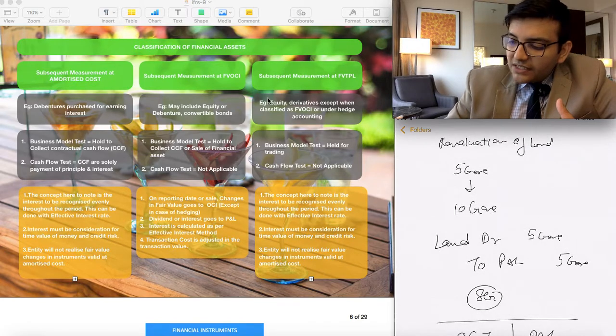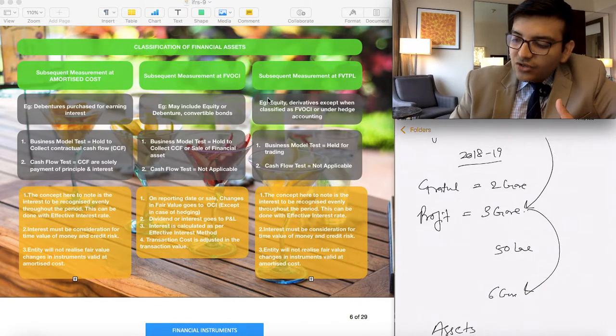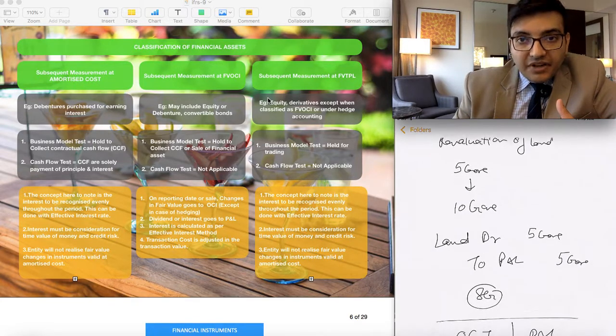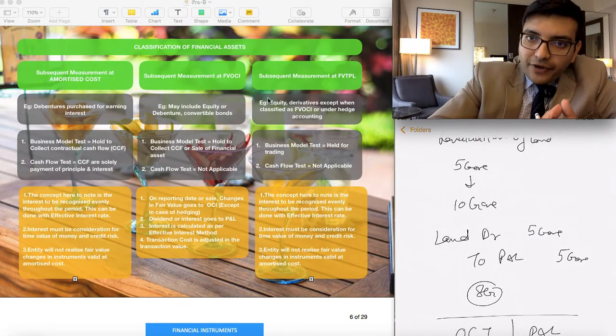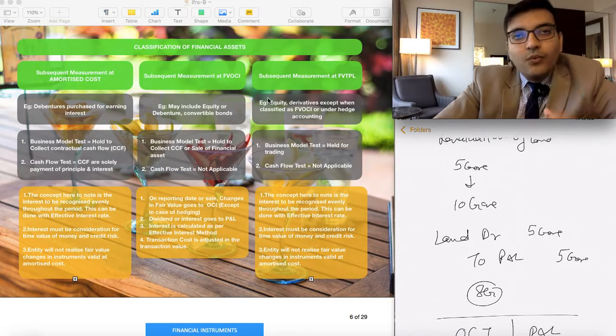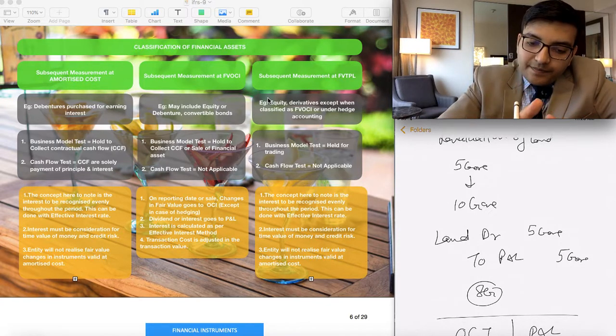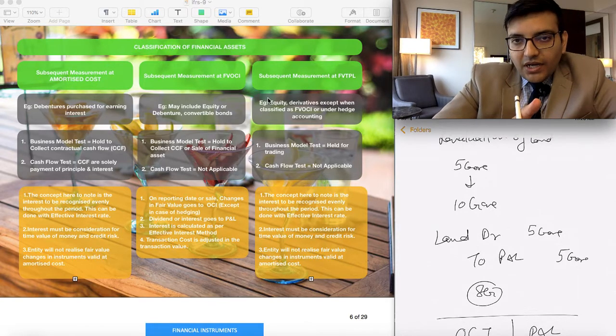So any such increase from revaluations, gratuity provision change, all such increases go to other comprehensive income. Similarly, in case of financial assets, whenever you have a derivative contract which is expiring in the next year, but you have a balance sheet ending date in between, right?